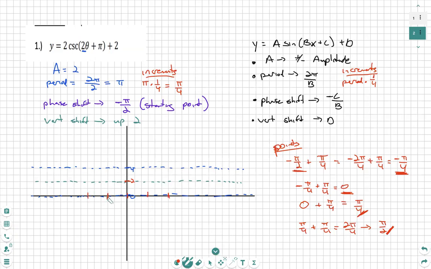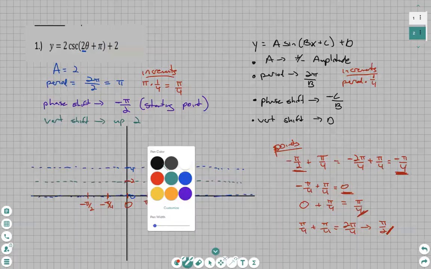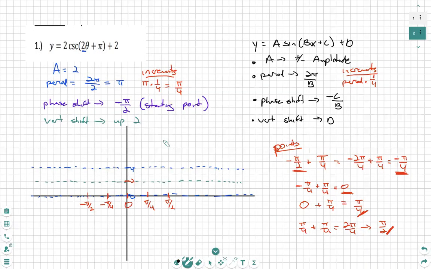As in, if this is 1/4 and that's 1/4 and that's 1/4, I can't put negative pi over 2 here and pi over 4 here, then something else over there. Doesn't make sense. So the scaling must be accurate based on how many negatives and positives you have. So now we write down the points that we found: negative pi over 2, negative pi over 4, 0, pi over 4, and pi over 2. And then you plot those points accordingly.